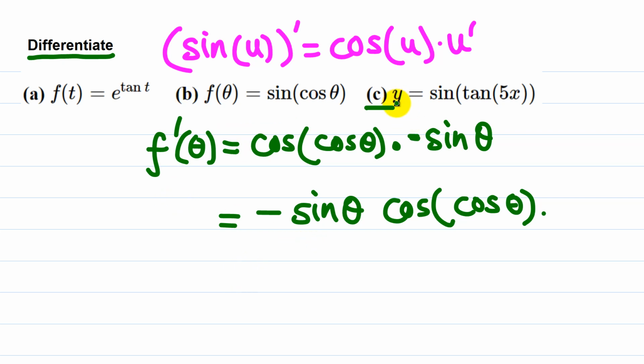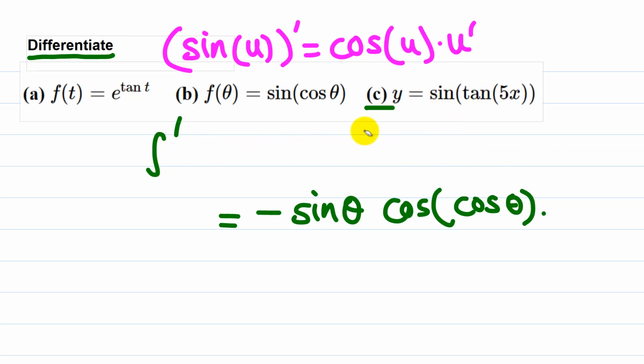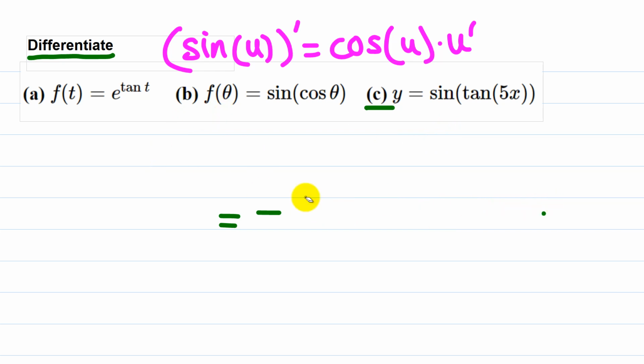Okay, now we got part C here, sine of something. Oh, we can use the same formula. So let me erase this. Okay, so here u happens to be a little bit bigger than that in part B. So this is our u, sine u, and we're gonna apply the same formula.